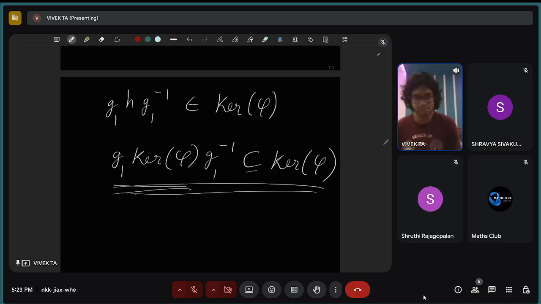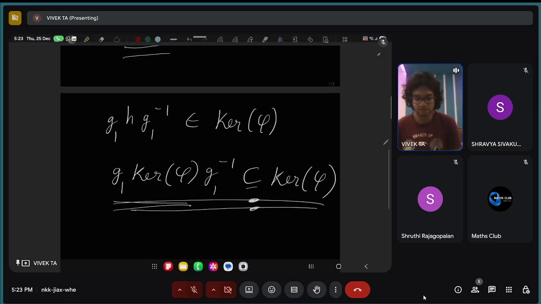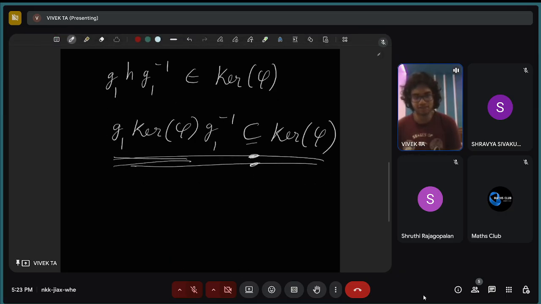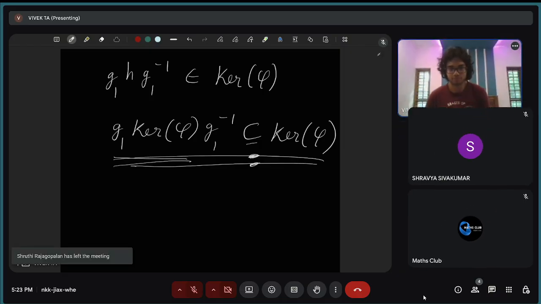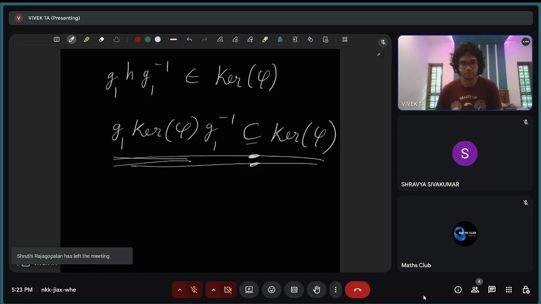Is there a doubt as to how this comes? If you think this part was confusing, please speak up. Because if this part is fine, then the rest of the things are going to be very easy. You understand this part?